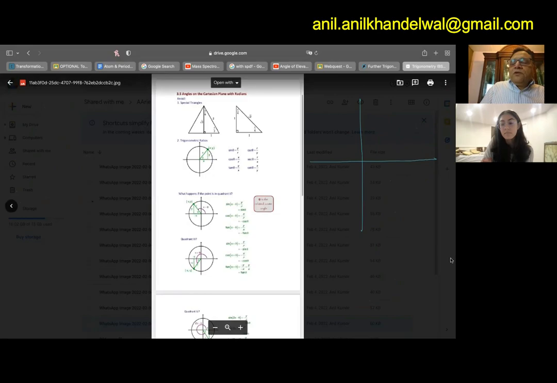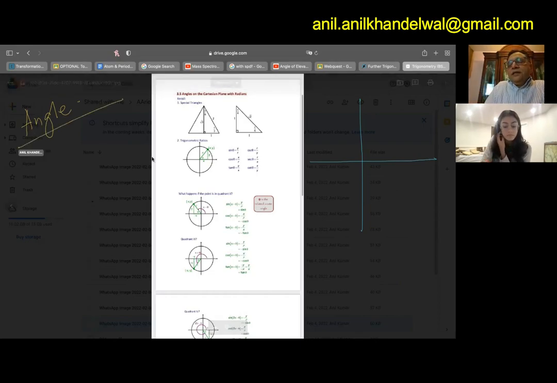Let's try to understand what an angle is. To make an angle, we assume that the initial arm is along the x-axis. This is called the initial arm. We assume that both the arms are together, one over the other, to begin with.